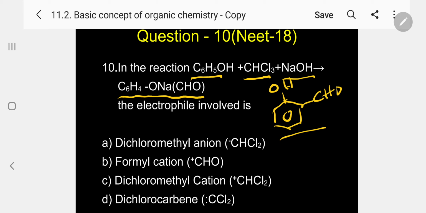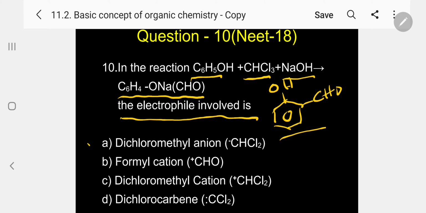ortho-hydroxybenzaldehyde. Please follow. So the question asks, the electrophile involved here is what? What is meant by electrophile? We have already defined it: an electrophile is a species which may be neutral or positive and is always moving towards electrons.